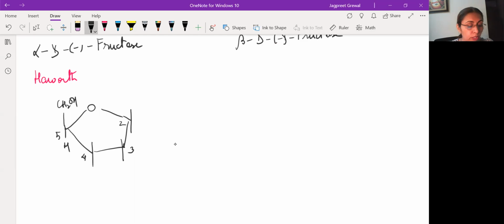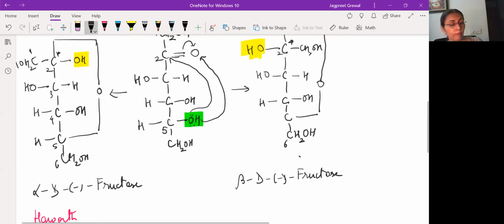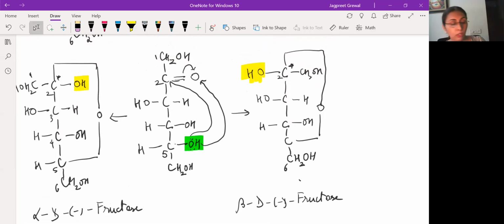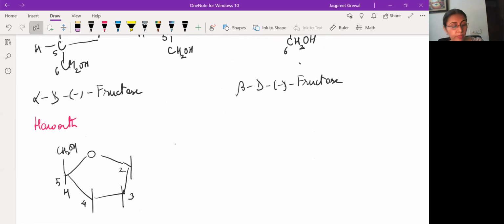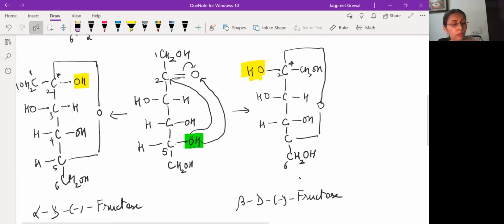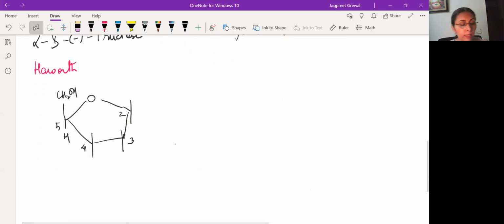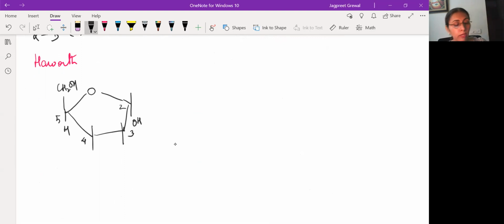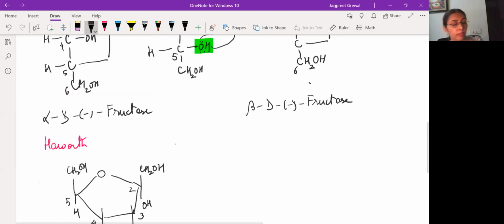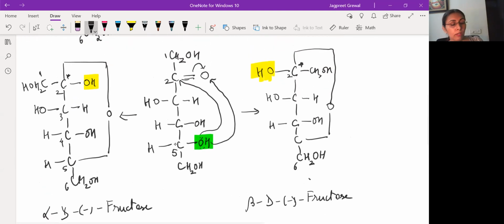So let's see which are the groups attached on these carbons. As we did in case of glucose, the groups which are present on the right hand side are drawn below the ring. So OH is on this side. And the other side, if I check again, C2, CH2OH on the left side will come on top of the ring, and the OH on the right side will come below the ring.